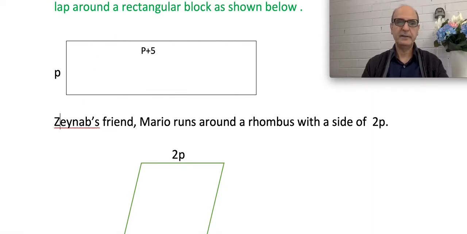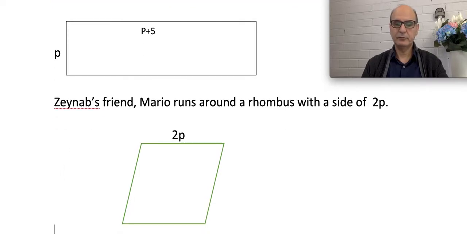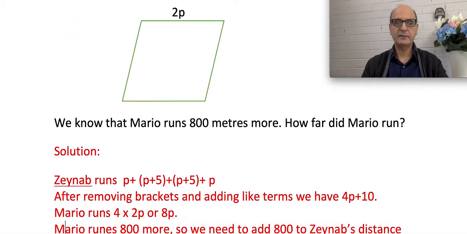Alright, so Zainab runs, in terms of the pronumeral, P plus P plus 5, P plus P plus 5. And you can take away the brackets and add the pronumerals. You got P plus P plus P plus P, that becomes 4P. And then you got 5 plus 5, that becomes plus 10 altogether. So that's how much Zainab runs.